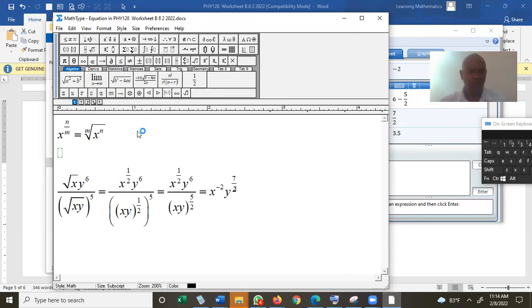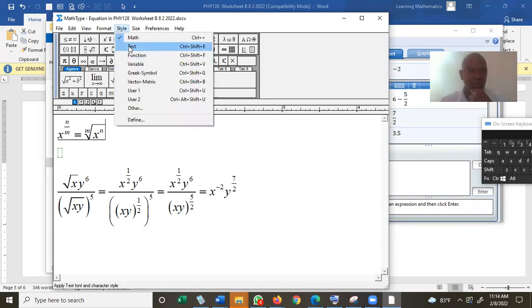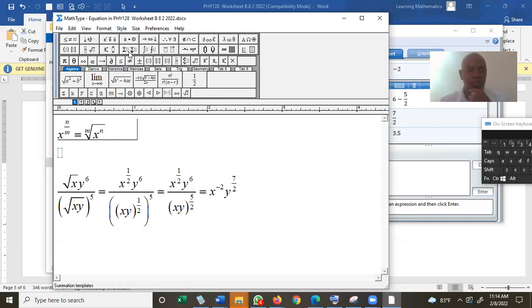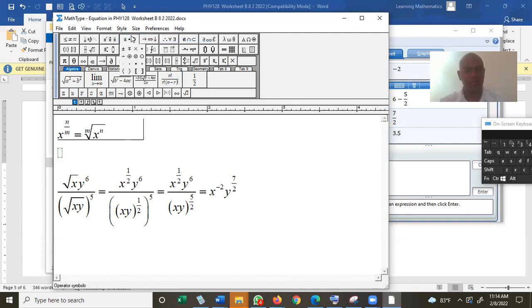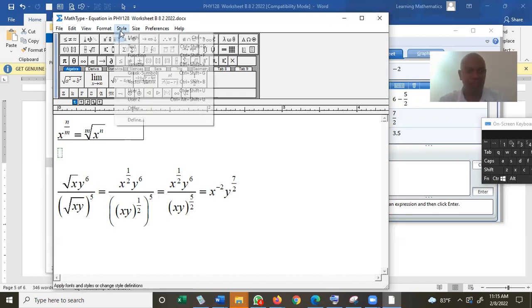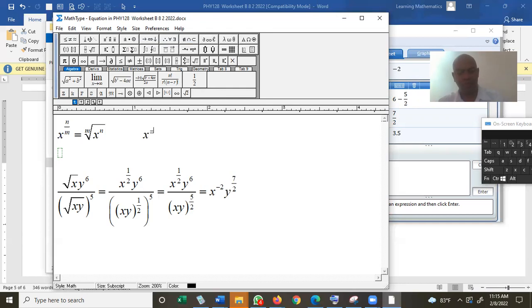Now we have to recall another law of indices. Whenever you have a negative exponent, x, for example, raised to the negative n, to be specific, a x to the negative n, where a is any number.